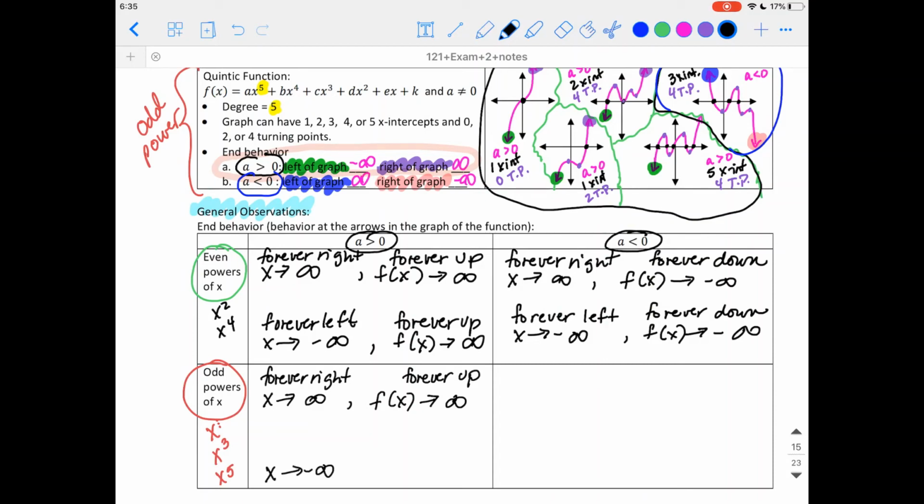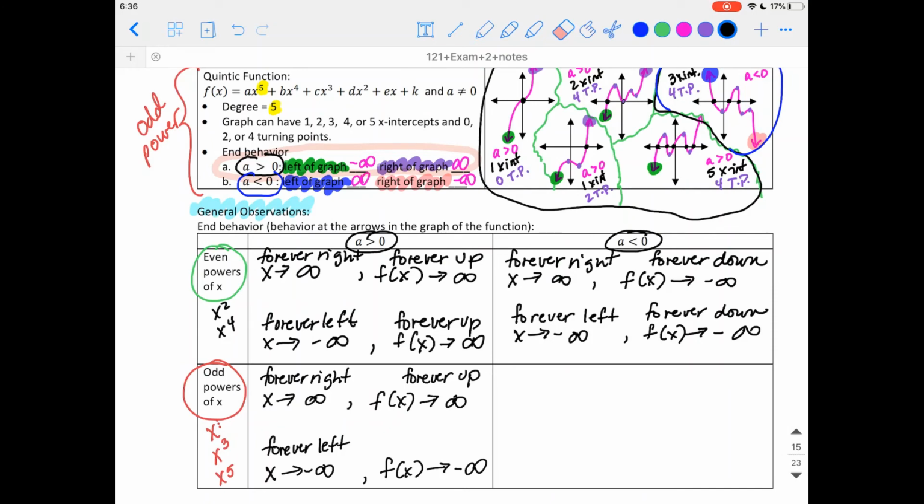And as x heads towards negative infinity, which is forever left, our y values are headed forever down. And that's for odd powers of x where your a is greater than 0.